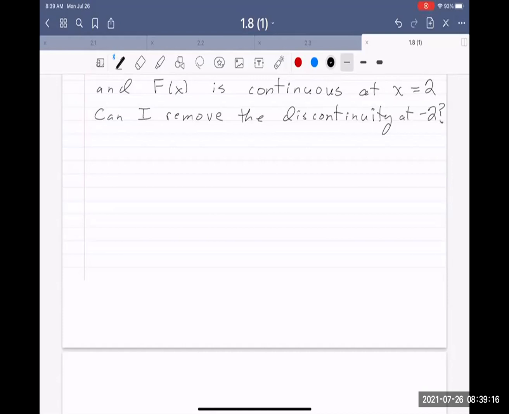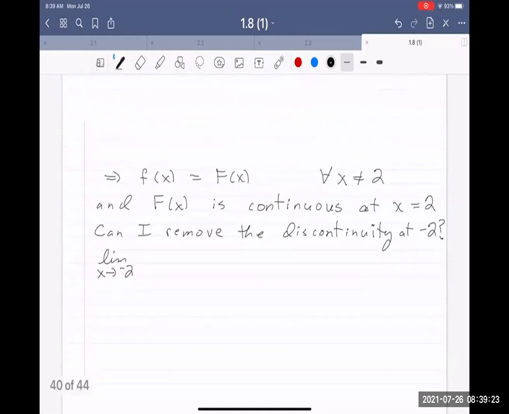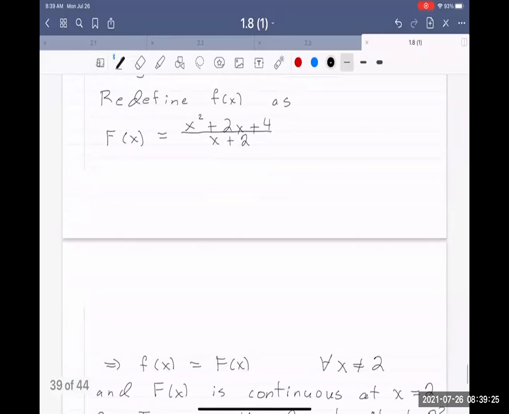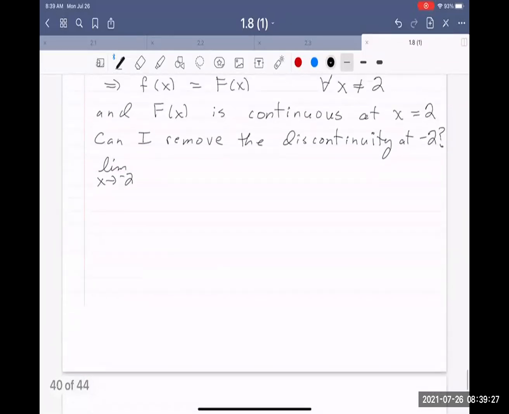Well, the limit as x approaches negative 2 of, well, this function here. Let's start with my original function, not that it really matters.